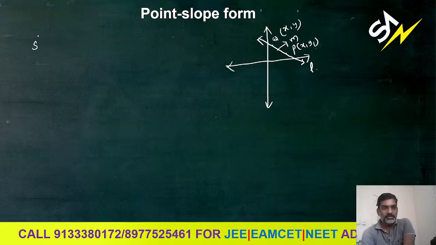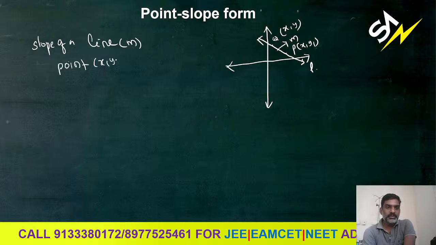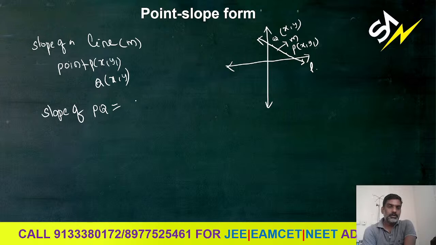So already they have given the slope of a line. What is the slope of the line? It is m, and they have given one point. What is the given point? x1 y1. We are taking one more point Q. What is Q here? x comma y. Then let us calculate the slope of PQ. Slope of PQ is equal to m, that is equal to y minus y1 divided by x minus x1.